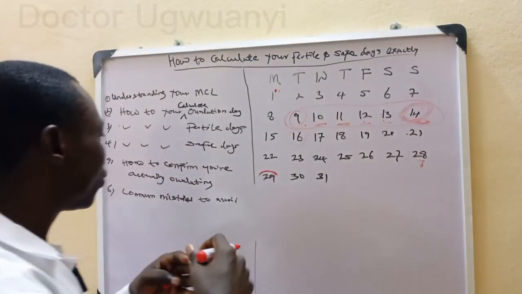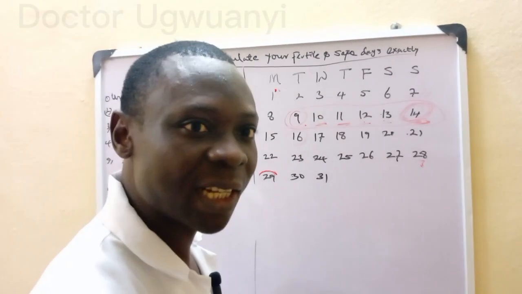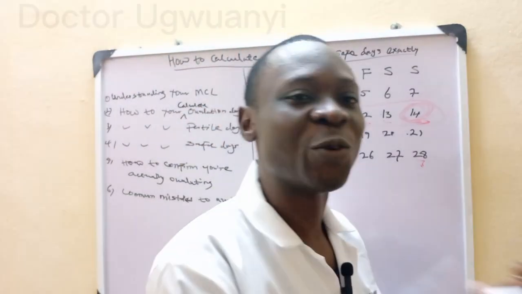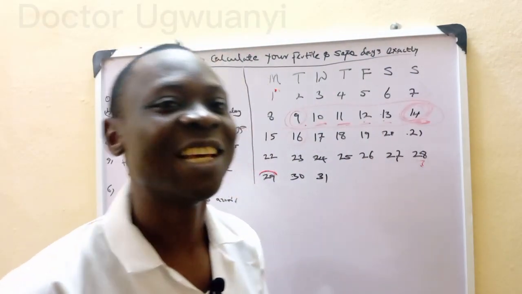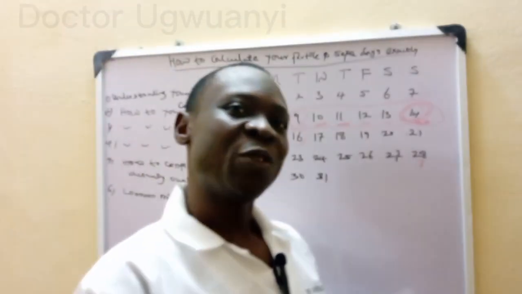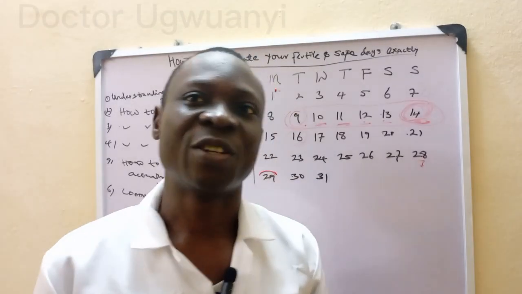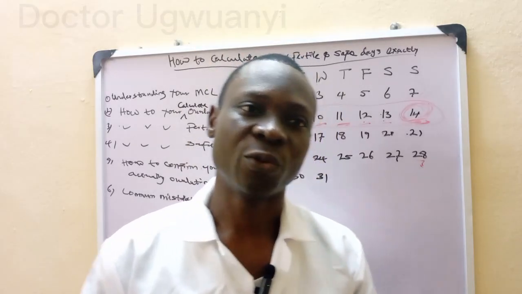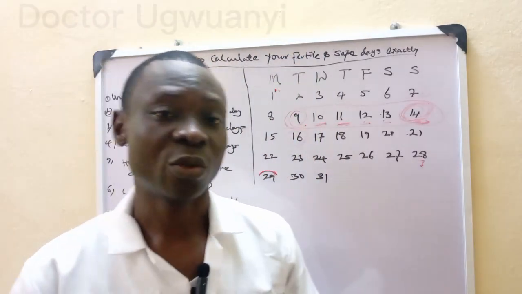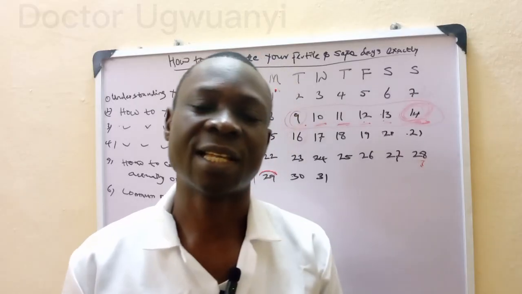Okay. So how can you confirm that one is actually ovulating? Yes. How do you confirm that one is really ovulating? Your body has a natural way of telling you that yes, you're actually ovulating. And if you want to become pregnant, this is the right time.